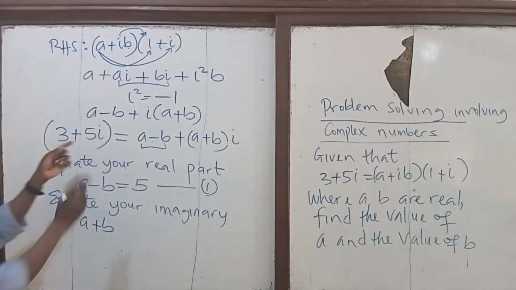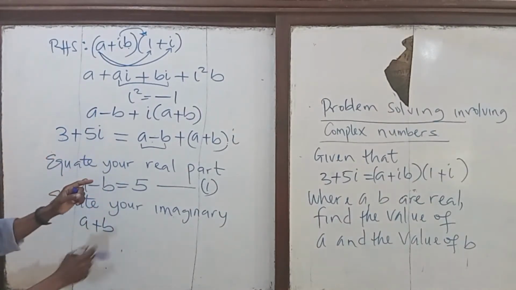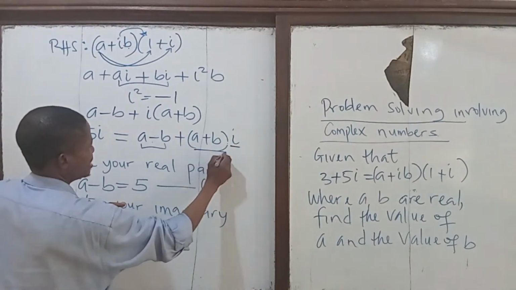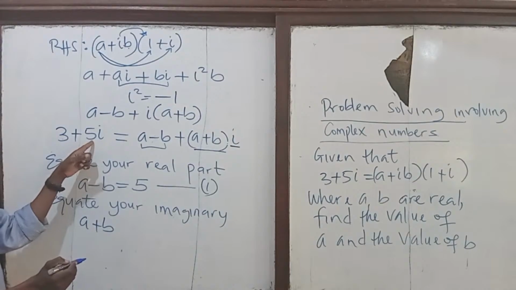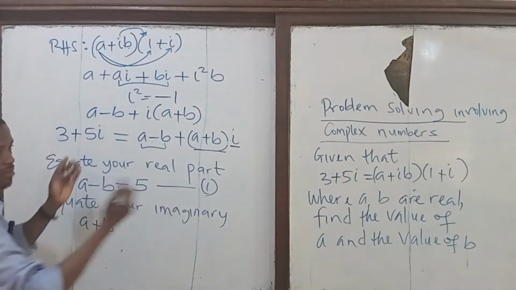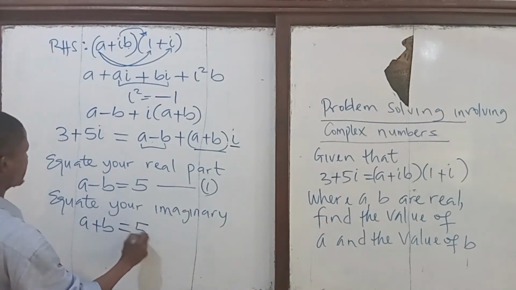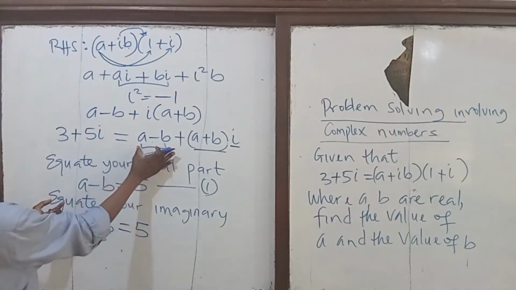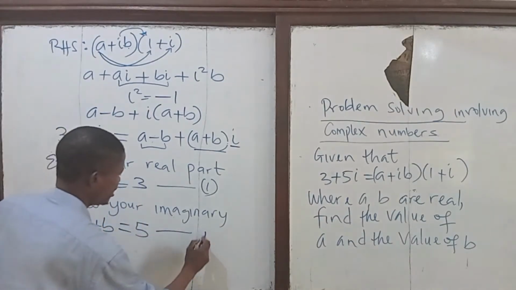Here also, please open these brackets, there's no need to close it again. So a plus b equal to 3 on the imaginary side, and the real part a minus b equal to 5. Call this one equation 2.